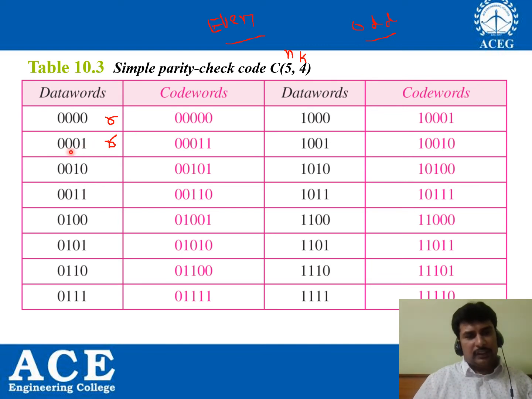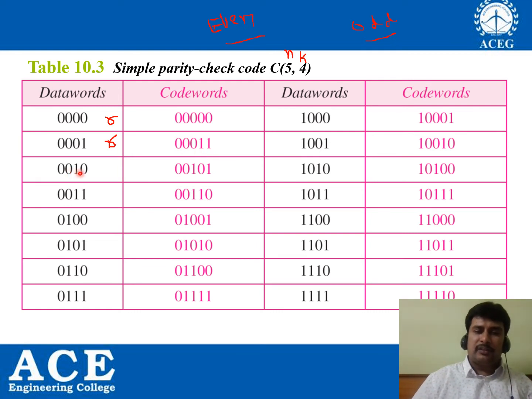But in the next case, the data word is 0 0 0 1, so the number of ones here is odd. To make the total number of ones including the redundancy bit even, we have to set r equal to 1. Now the total number of ones is 2, which is even.